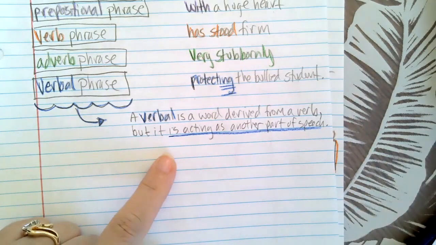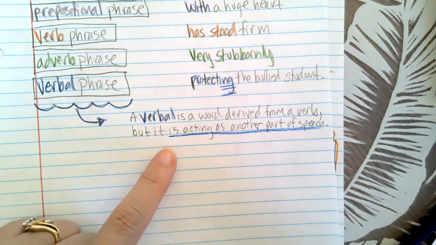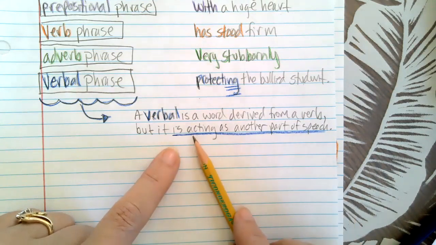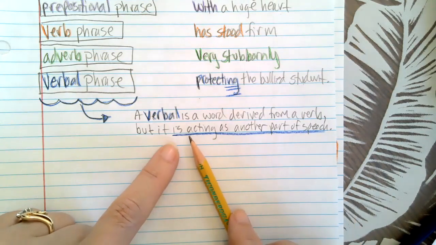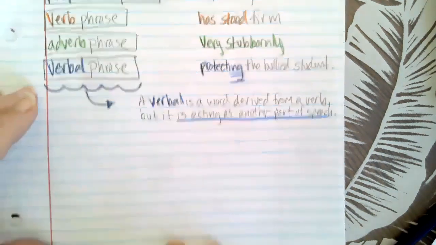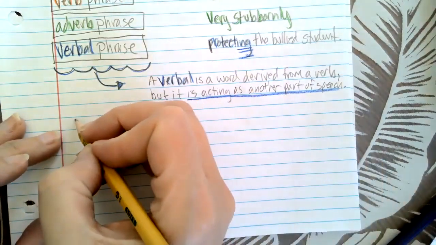So at the beginning of the first lesson for 6, I talked about how phrases, each one is doing a different job. So this is kind of saying the same thing, like it's doing the job of a different part of speech. Okay, so the first of the 3 that we're going to identify is called a gerund.